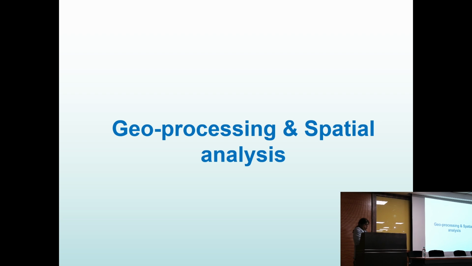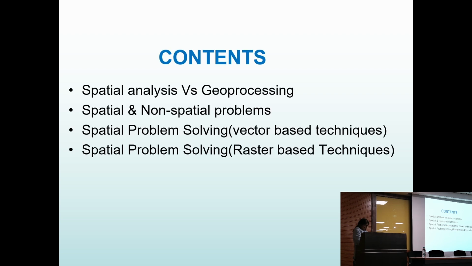Now we can go for geoprocessing. What are the vector and raster based techniques which can be used in GIS environment? See, the spatial analysis in its complete form, it is the process, three-step process. First is data collection, means problem identification.